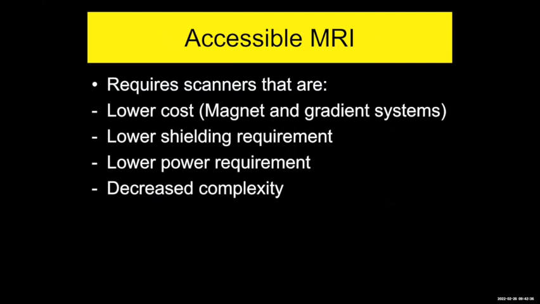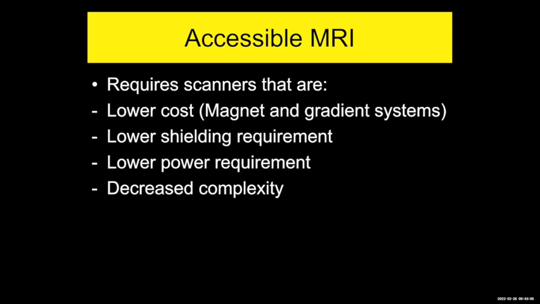One of the ways to think about changing this dynamic of accessibility is to think about the hardware. One is to think about lowering the cost of the scanner. I think Adrian showed a really great figure that the magnet and the gradient systems are drivers of these costs. Another cost, especially where I come from in New York, is the construction and shielding costs associated with the scanner, which is probably as much as the cost of the scanner itself.